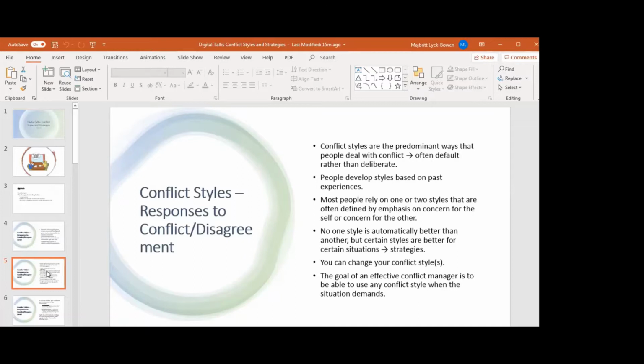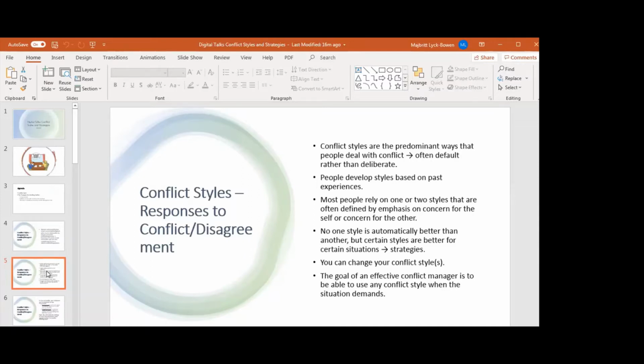There are situations where each of these different strategies, each of these different styles, are very good. So it's not that we can say that one style is always better than the other. And we will be talking a little bit later about what kind of situations you can use the different strategies in effectively as well.